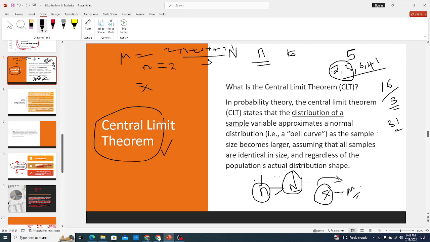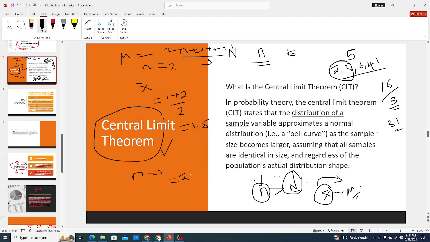Let's start with the first two values, or let's start with 1 and 2. So 1 plus 2 divided by 2 is 1.5. I want to increase the size of n now to 3. Let me illustrate it well.